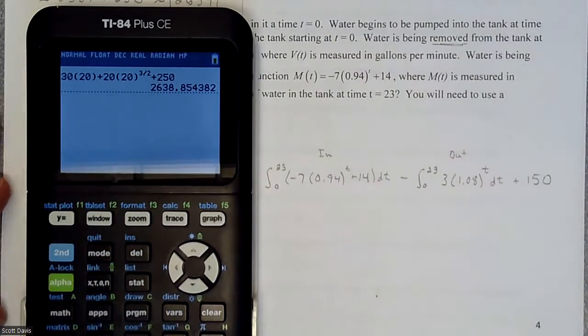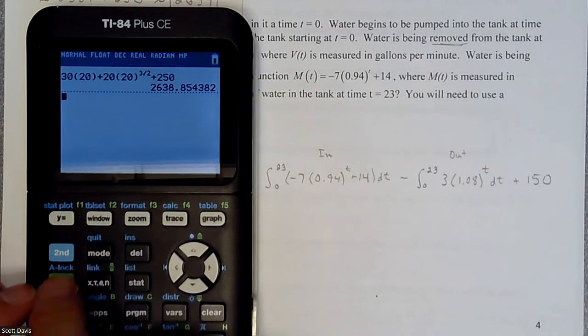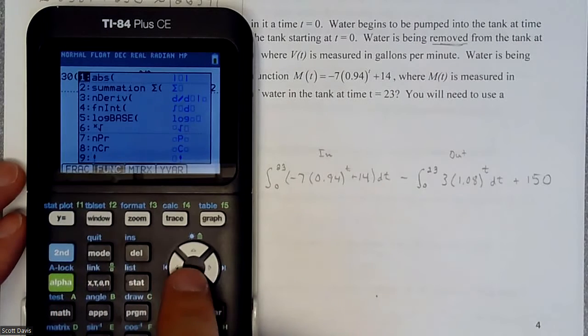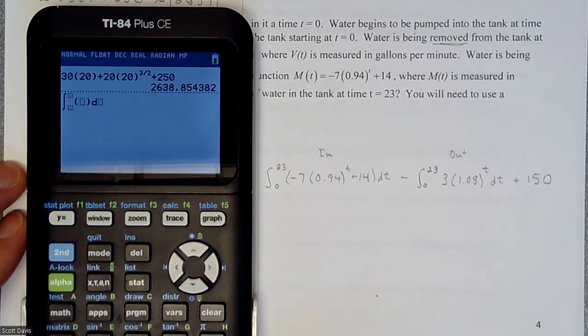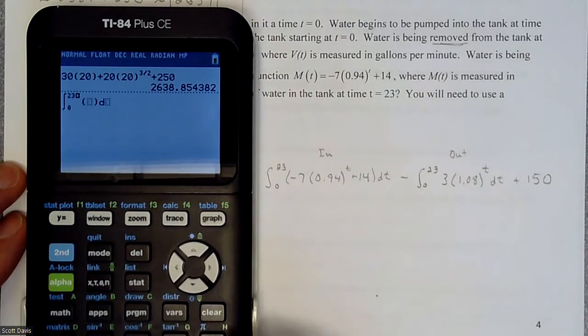Let's figure out how much water came in. We're going to go alpha F2 as a nice shortcut to do an integral. We're going to go from 0 to 23.